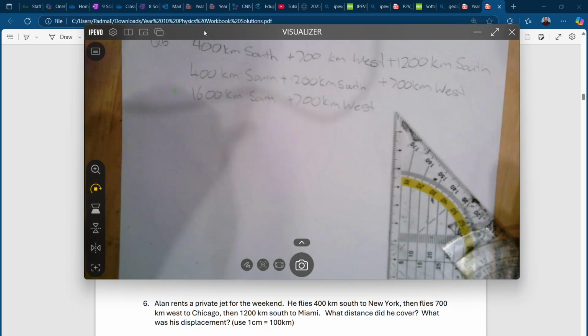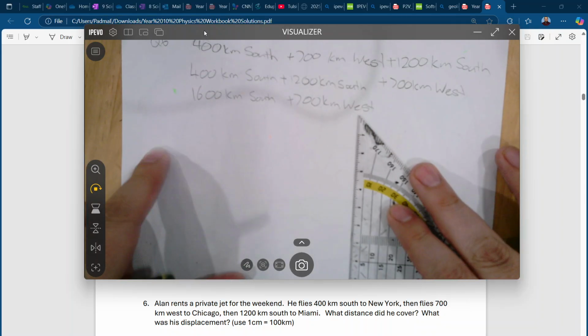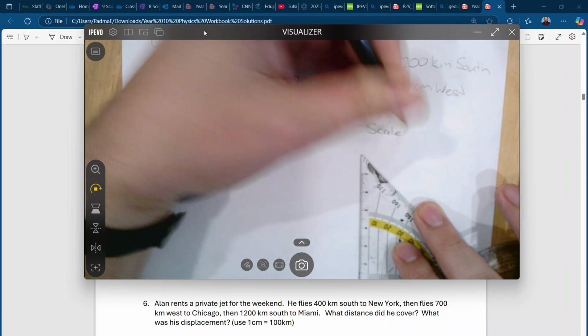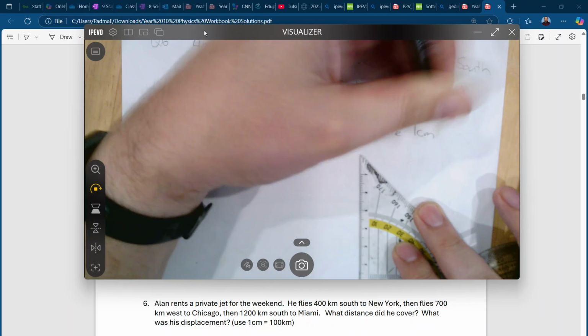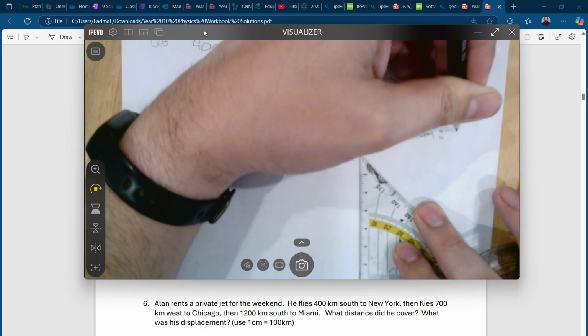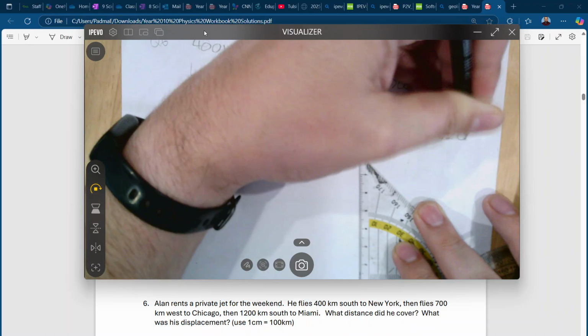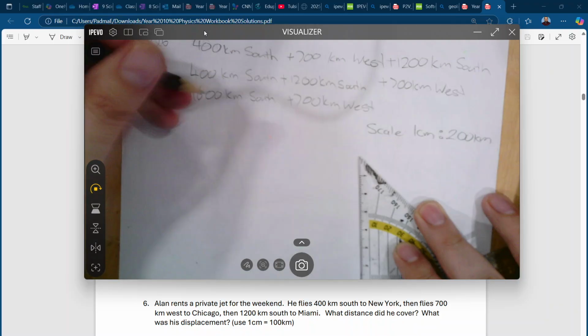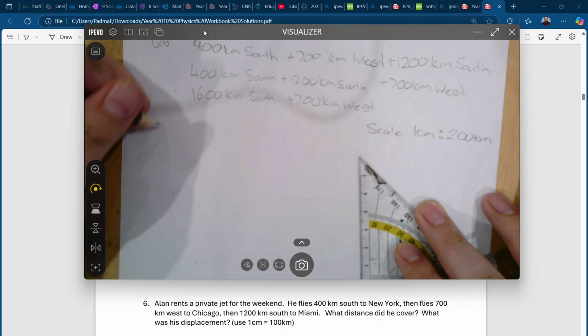All right. So my scale, I'm going to write it here, is going to be 1 centimeter represents 200 kilometers. All right. So let's just write, and I'm also going to just write a little note here.